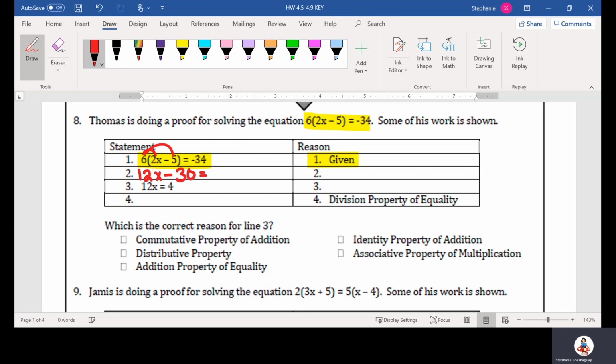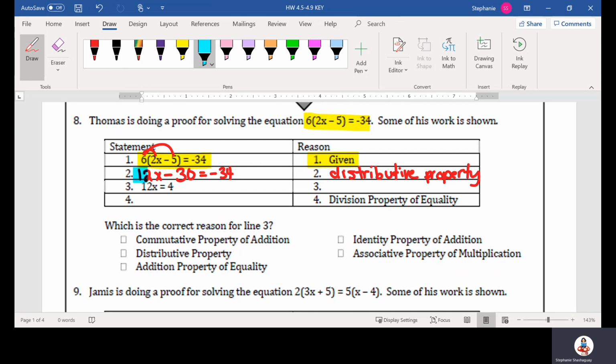And then that's going to equal a negative 34. And the property that we used in step number 2 was the distributive property, because all we did was distribute that 6 to both terms in the parentheses.